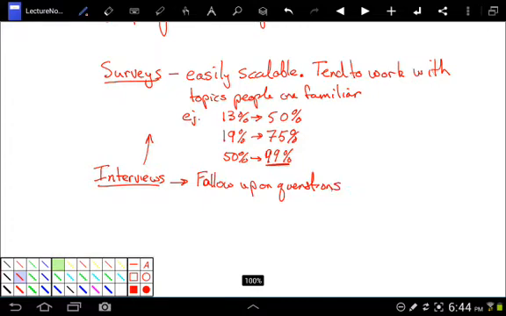Plus, with a survey, you're limited in the number of questions. You can't add questions in the middle of a survey, but you can follow up on questions. You might learn about surprising things and follow up on them.